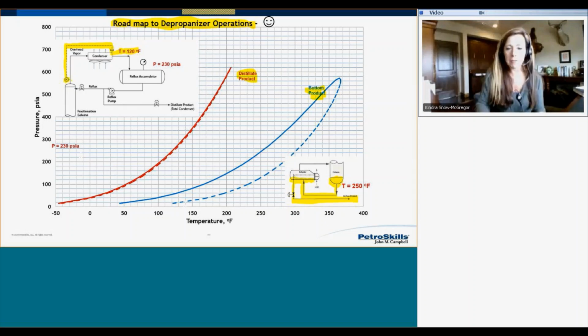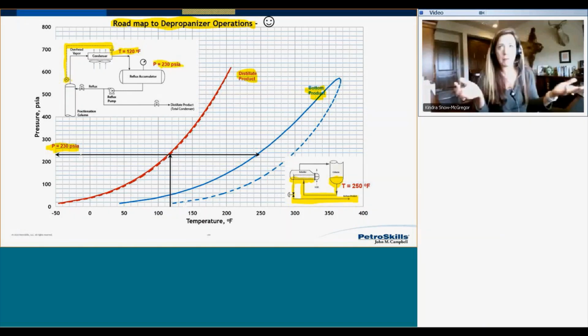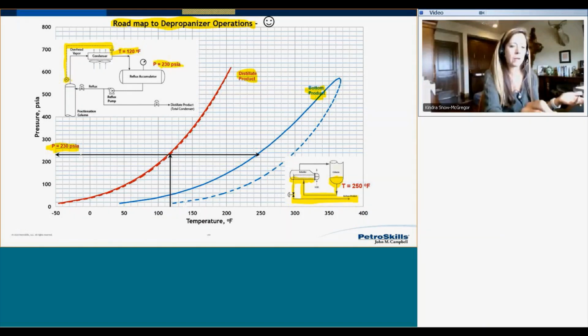So I control the column pressure by the condensing temperature of the distillate. If I condense at 120 Fahrenheit, my column pressure is 230 psia. That is how I'm controlling my column pressure.